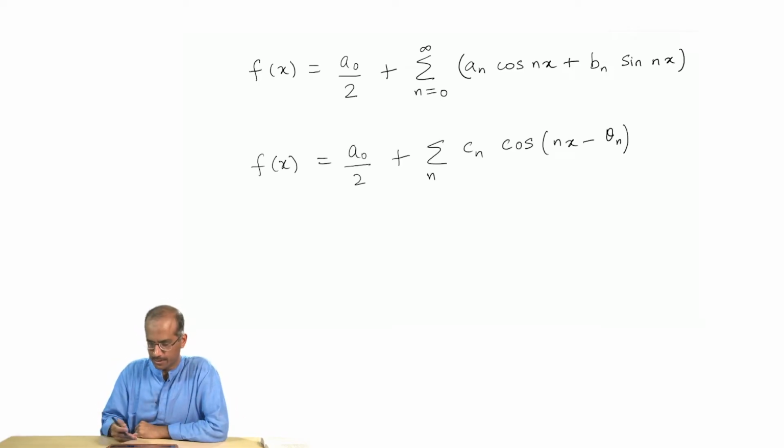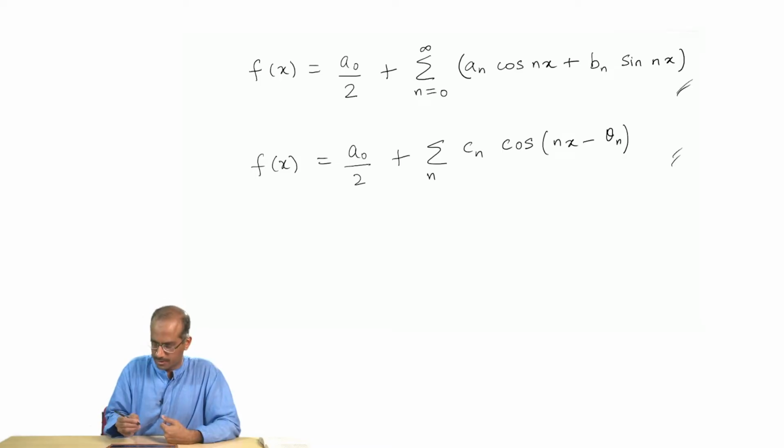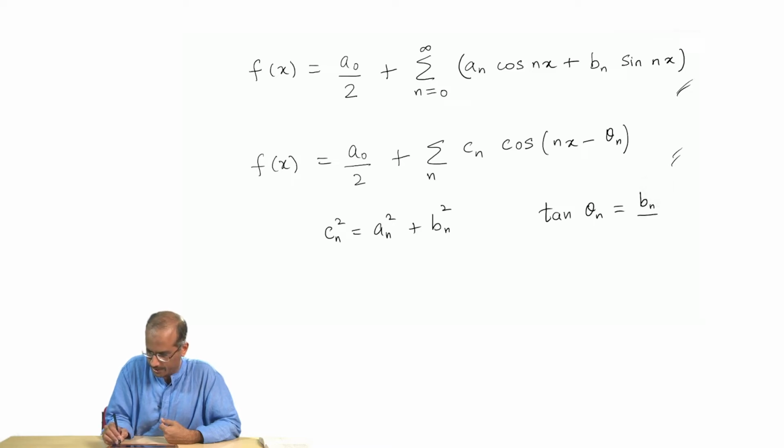So, this is another representation of the Fourier series, and it does not take much effort to figure out that C n square is equal to a n square plus b n square, and also that tan of theta n is equal to b n by a n.